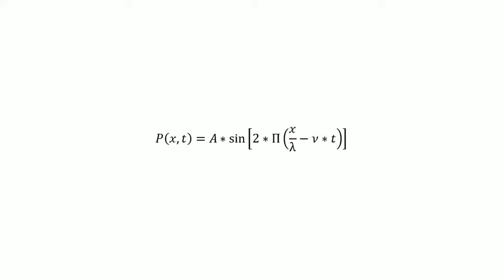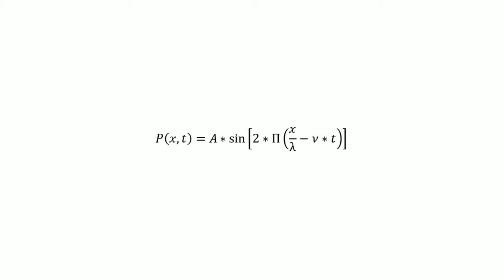In a simple one-dimensional case, the sound pressure wave P as a function of its location x and the time t takes the form of a sine function in equation 1. P of x and t is A times the sine of 2 times pi times, open parentheses, x over lambda minus nu times t, close parentheses, where A is the wave's amplitude, describing how large or small it can be.